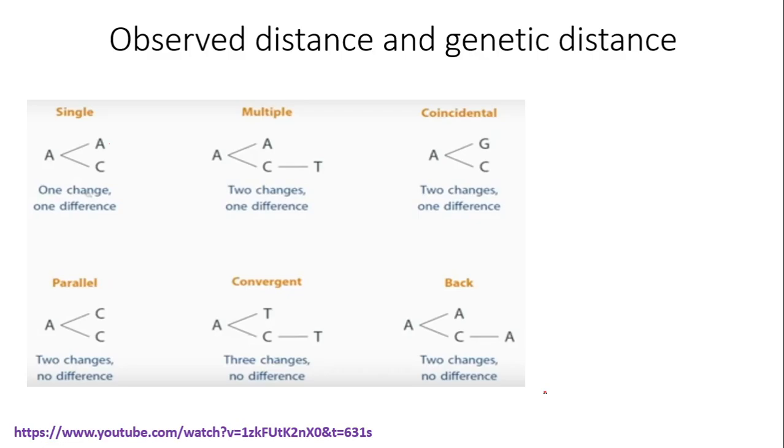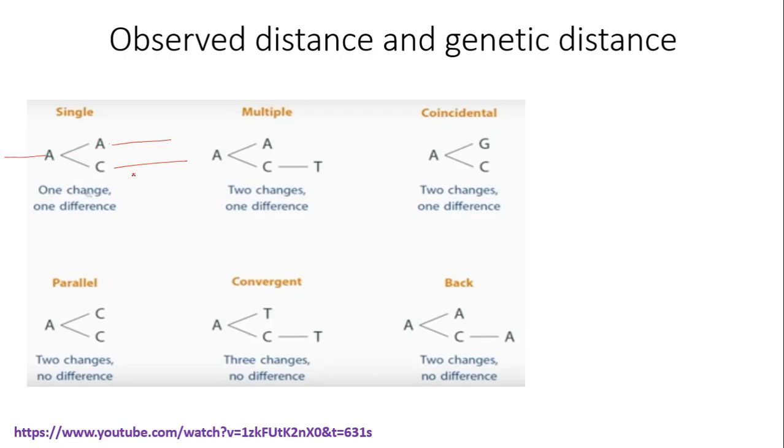Okay, now consider this situation. Consider a situation wherein in one sequence we see that there is A present, and in another sequence we see that there is C present. Of course, these two sequences have derived from a common ancestor, and at the analogous position there was A, right?